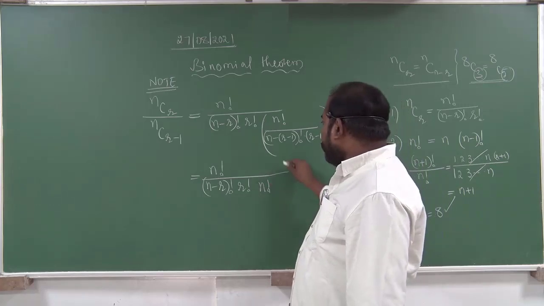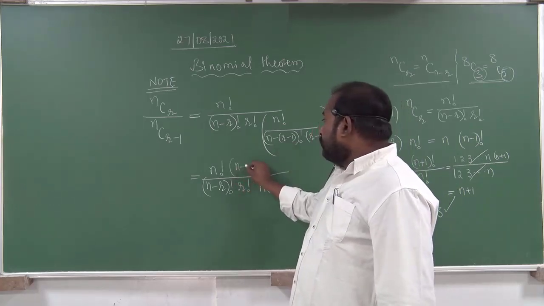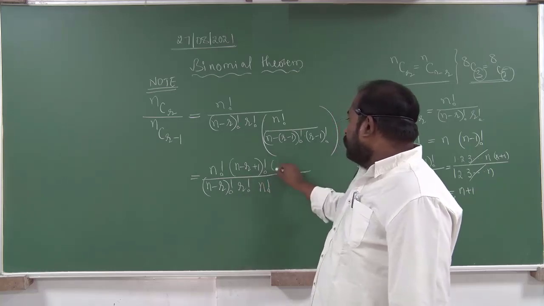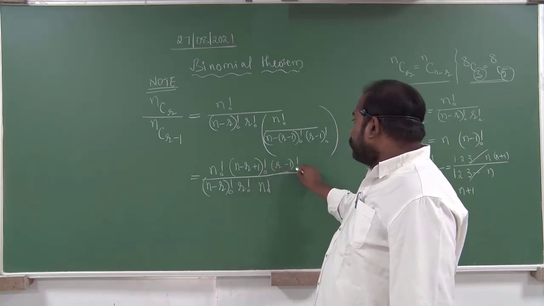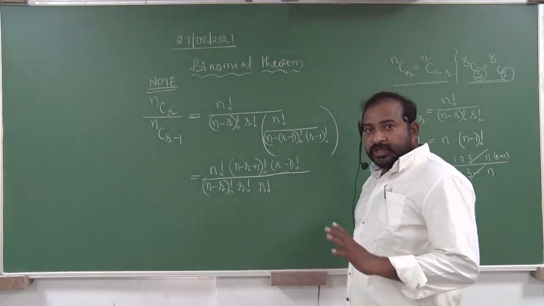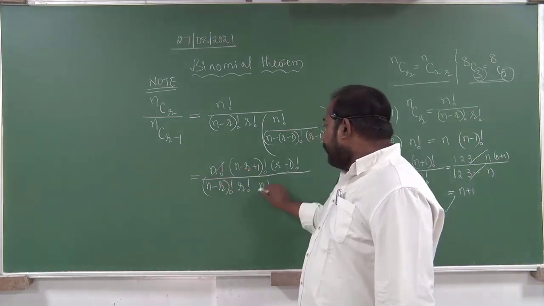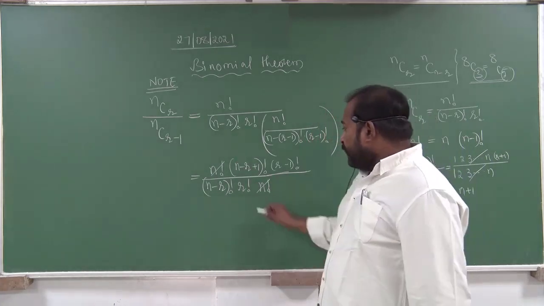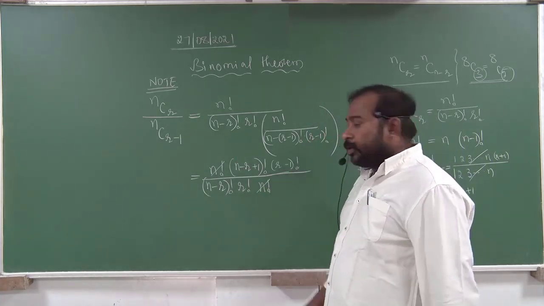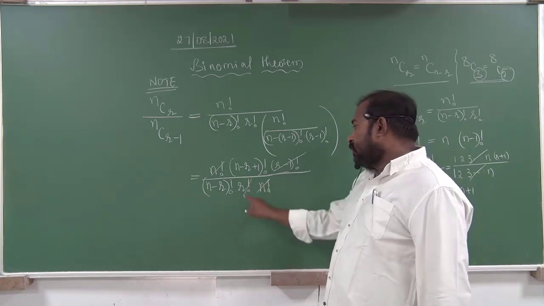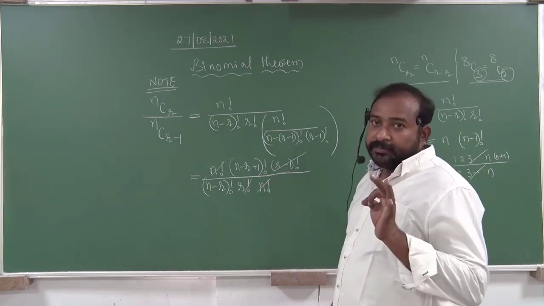So in the numerator you will get (n minus r plus 1) factorial into (r minus 1) factorial. Now cross check: are there any cancellations? Yes. n factorial cancels. And here r factorial, (r minus 1) factorial. So the (r minus 1) factorial cancels, and you will get r in the denominator.